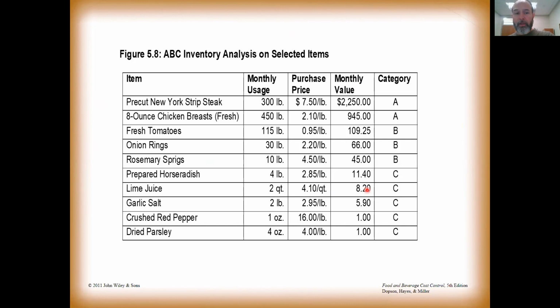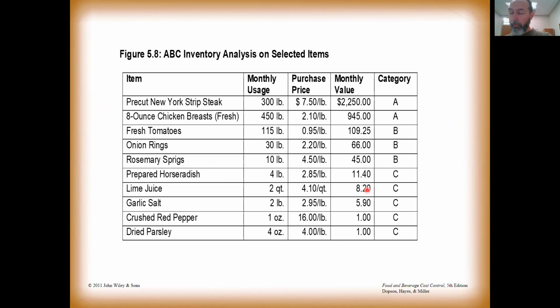For example, between chicken breasts and fresh tomatoes, chicken breasts being $945 and fresh tomatoes being $109, there's about 8 or 9, 10 times difference between those two categories. So that's an easy break. And the same can be said for the difference between rosemary sprigs and horseradish. It's about 4 times the difference between those categories. So it's easy to spot where the break is in this list.